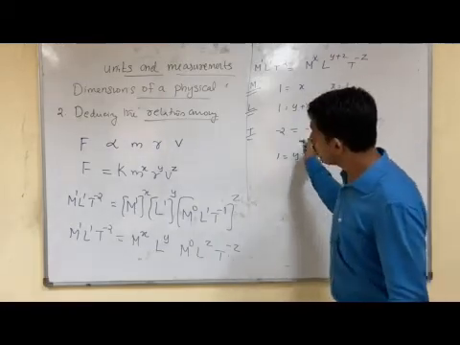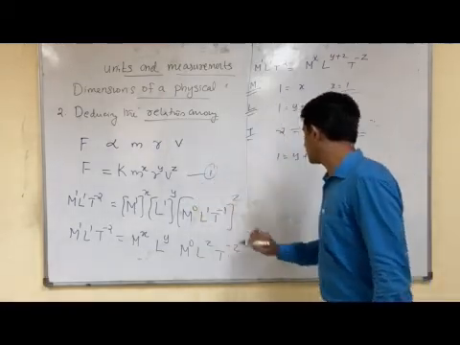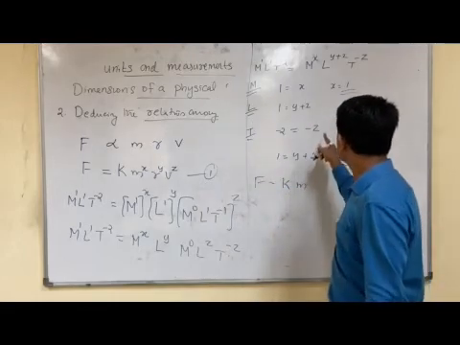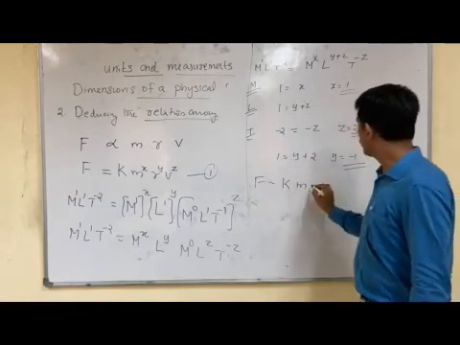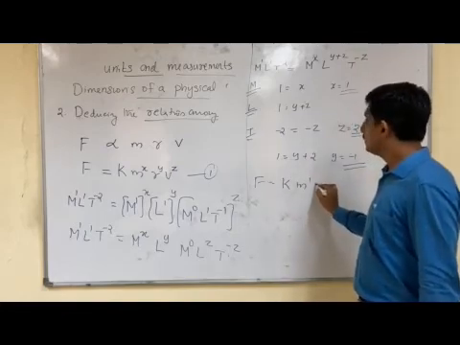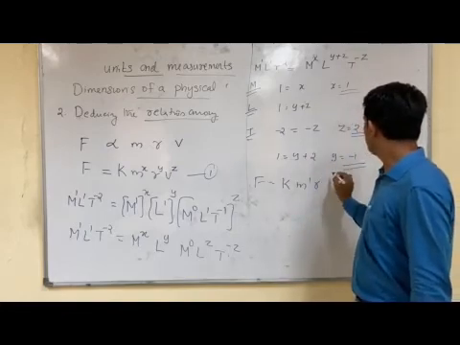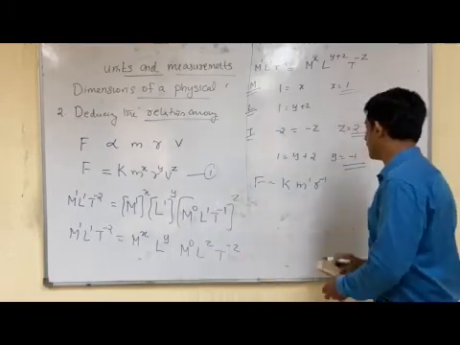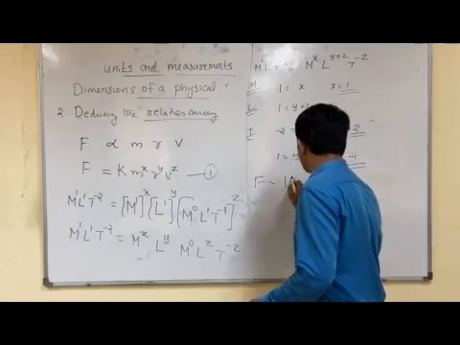Now we can substitute into equation number 1. F is equal to k into m raised to x, r raised to y, and v raised to z. I will write this equation first so we can understand more.